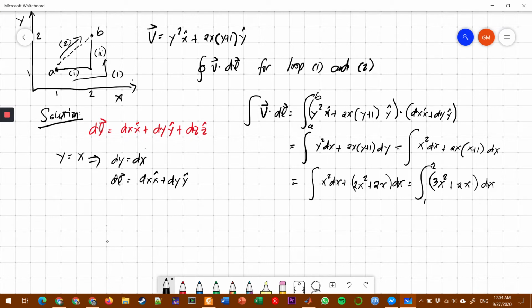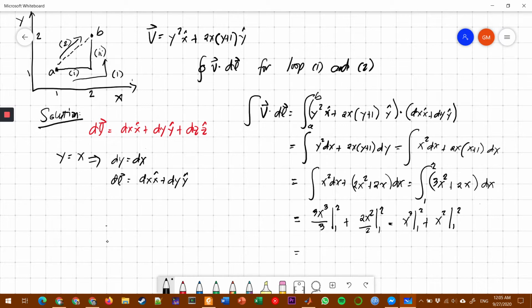So ang x nimo, right, x is from 1 up to 2. Okay, so taking the integral of that, this is 3x cubed over 3 evaluated from 1 up to 2 plus 2x squared over 2 from 1 up to 2. So this becomes x cubed naman na siya, right? So you have x cubed from 1 up to 2 plus x squared from 1 up to 2.